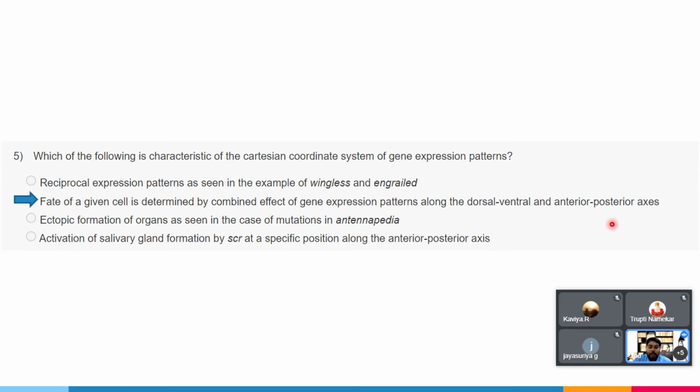So essentially, the combined gene expression patterns in the X direction and the Y direction help in the fate of a cell being determined. We don't call them X and Y; we say dorsal, ventral, and anterior posterior.